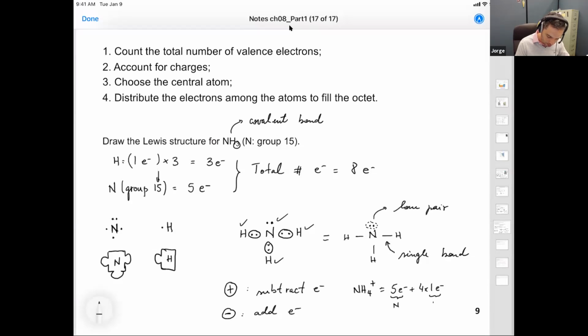This comes from hydrogen. And because you have a 1 plus charge, that means you lost 1 electron. Okay. So for this species, for example, you would have a total of 8 electrons to distribute among all the atoms.